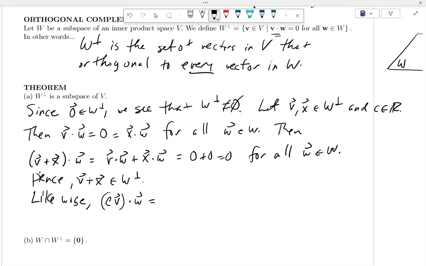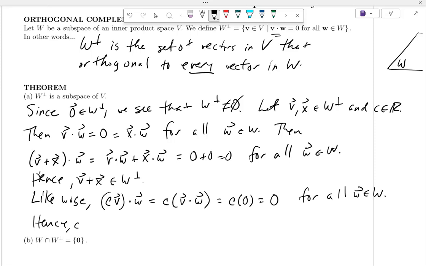What can we do with the c? Yeah, take it outside the inner product, good. And then V dot W is 0. I get c times 0, which gives me 0. And again, this will be for all W in W. Hence, c V is back in W perp again.